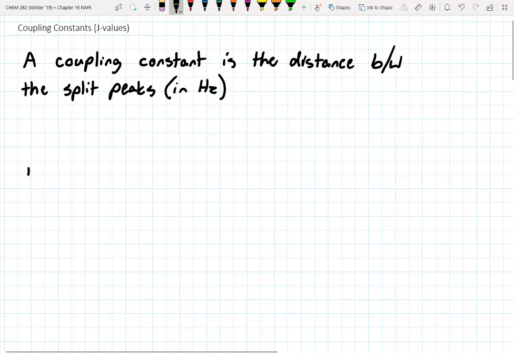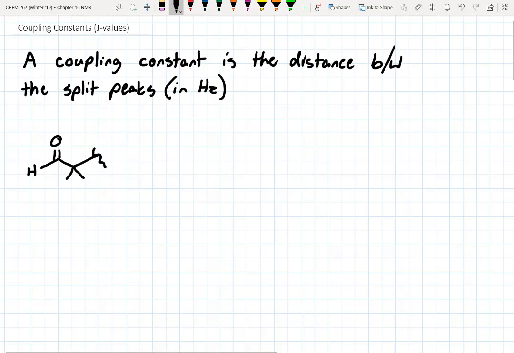I'm going to take a look at one of the aldehyde peaks in our compound, and I'm actually going to make up a new molecule. I'm just going to say that that's coming off of something else. We've got two protons here.